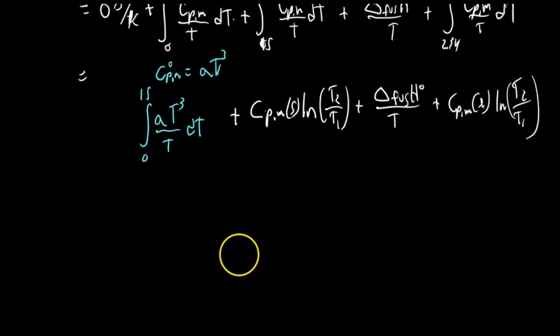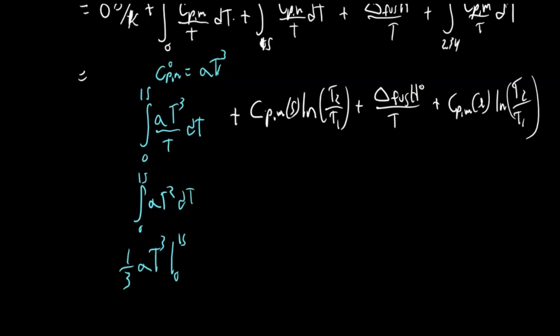All right, moving along. So for the integral of this, first we need to divide this by t. So that will be the integral from 0 to 15 of a t squared dt, which is literally 1 over 3, the anti-power rule here, a t cubed from 0 to 15.